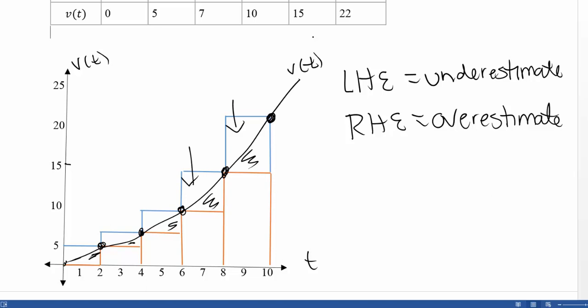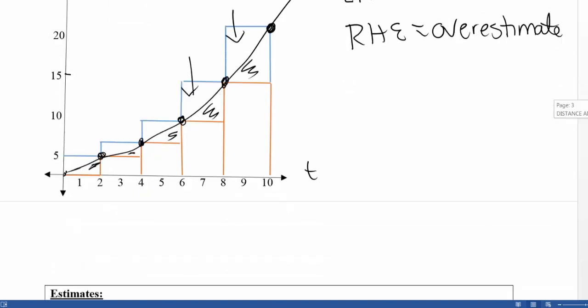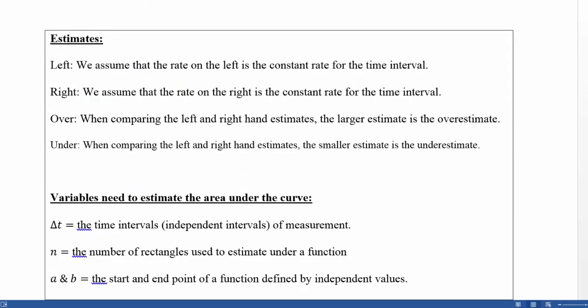So let's circle back to the different terms we've learned in the vocabulary we've been using to talk about these estimates. So the left hand estimate, we assume that the rate on the left is the constant rate for the small time interval. A right-hand estimate, we assume that the rate on the right is the constant rate for each small time interval.